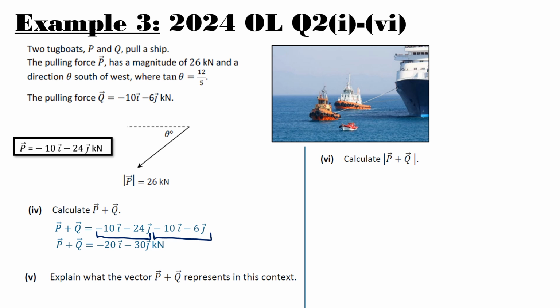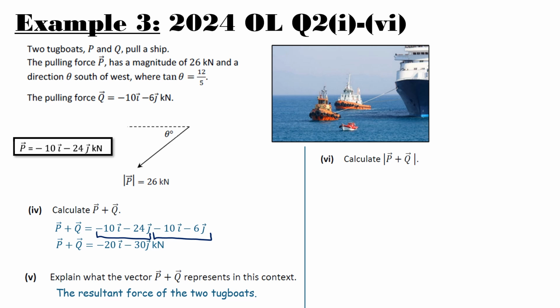So what does the vector P plus Q represent in this context? Again, like what I was saying, we're talking about a pulling force. So when we add P and Q together, we're getting what's called the resultant force. So what happens when you add these two together? If these two are pulling, it's the direction the ship they're pulling will move.